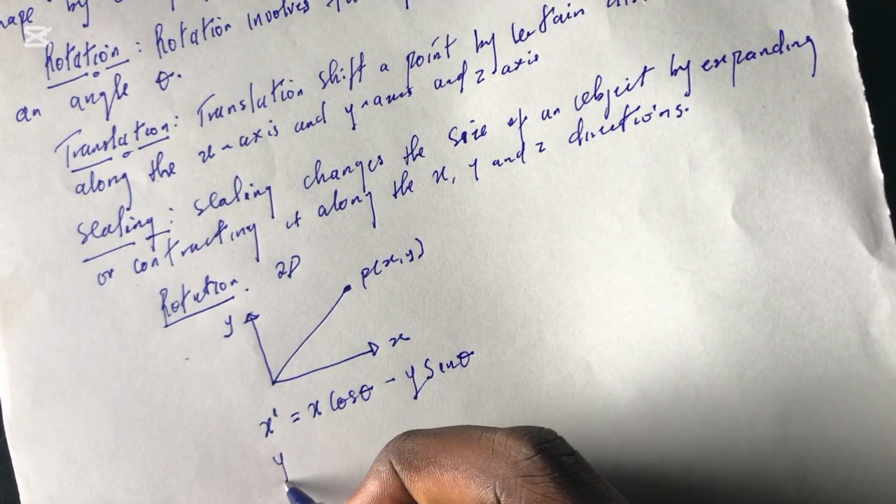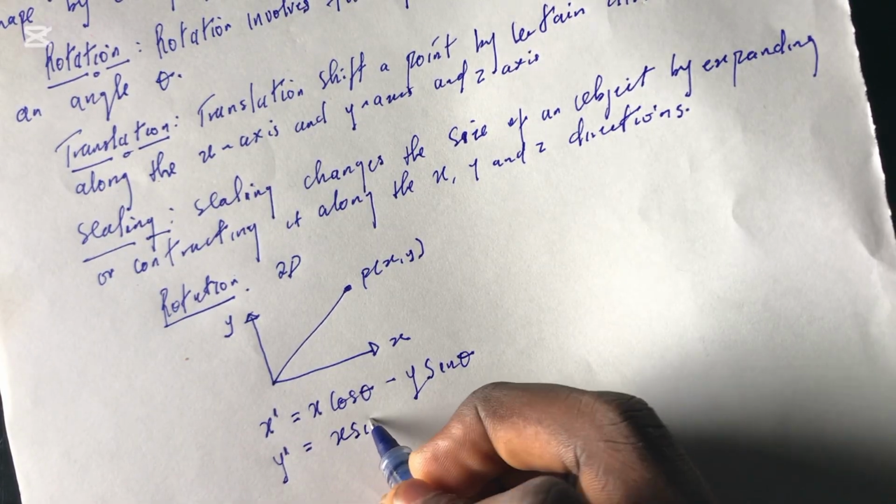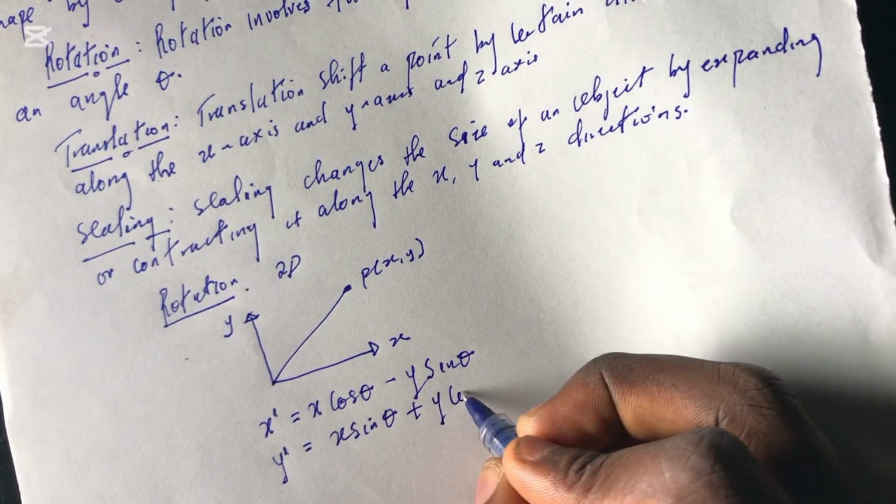Then for the y axis, y prime equals x sine theta plus y cos theta.